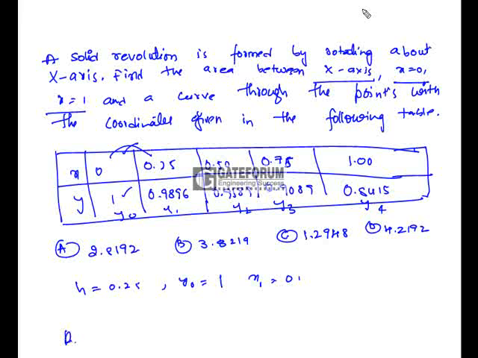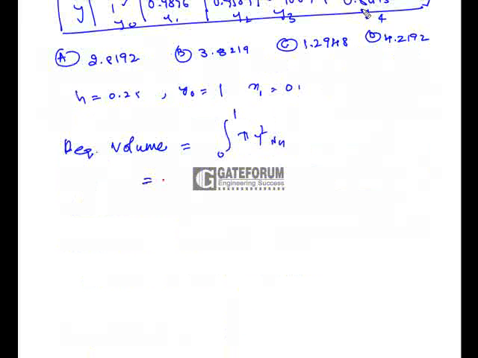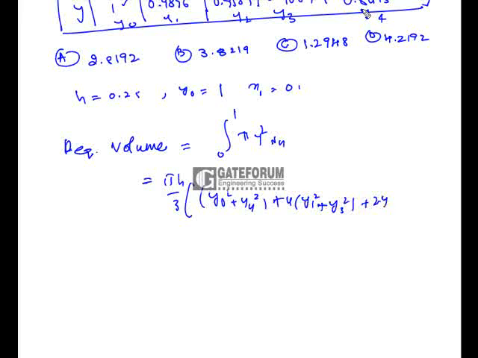So as we need the required volume, this can be generated by integral from 0 to 1 of pi times y square dx, which is pi h by 3 into y naught square plus y4 square plus 4 times of y1 square plus y3 square plus 2 times of y2 square. If we substitute all the values and simplify, then the answer will be 2.8192, which is nothing but option A.